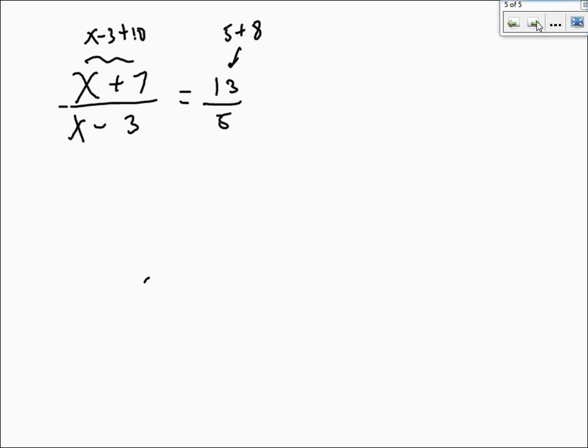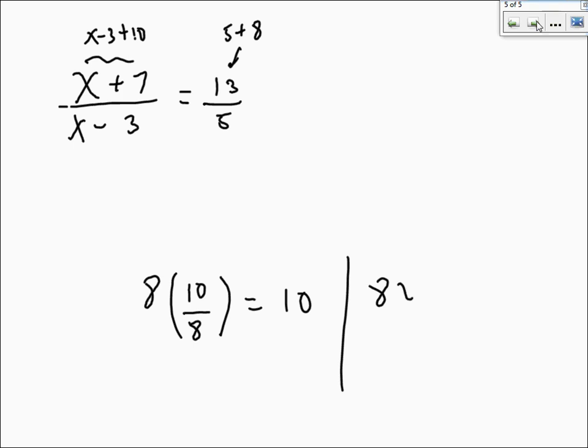So I need to multiply the 8 by something to get 10. Well, divide by the 8, now that's 1, and multiply by 10. Or if you prefer, 8 times what is equal to 10? Well, 10's not on the 8 table, so I'll divide both sides by 8, and I get x is 10 over 8, which is 5/4.